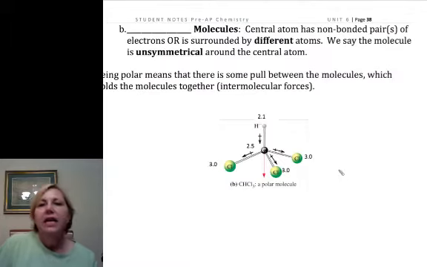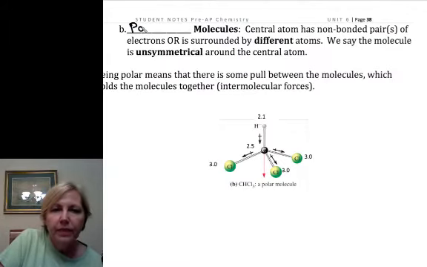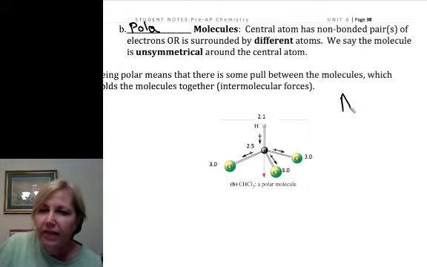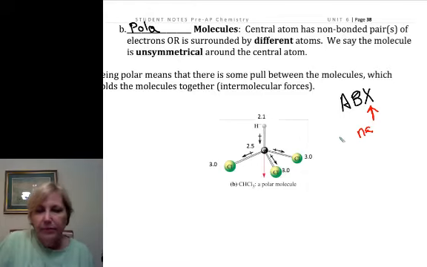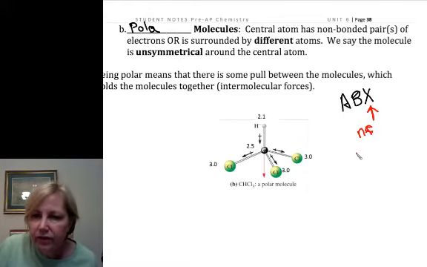Okay? Now, for polar molecules, the central atom has either an X at your level, and I got around to a few tables to tell you this. In these ABX formulas, at the pre-AP level, if you see that non-bonded pair, remember X stands for the non-bonded pair of electrons.